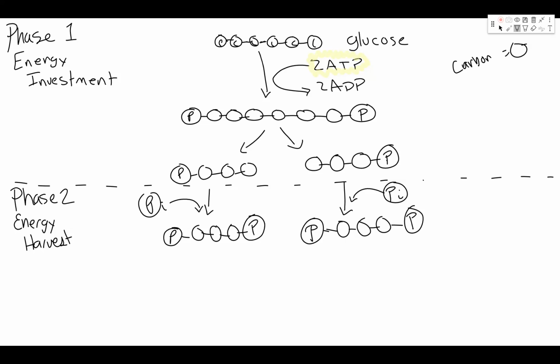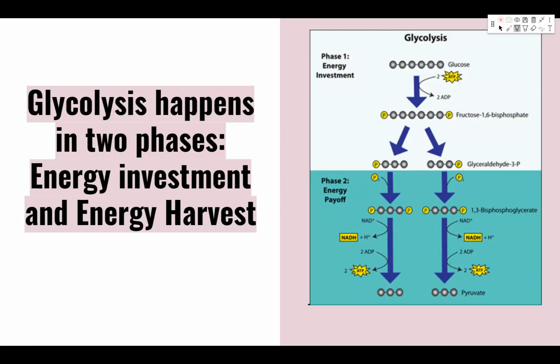But phase 2 is for energy harvest, and we have not harvested any energy yet. So what happens is we are going to get some electrons off of this molecule, and we're going to transfer them to NAD+, and we're going to get NADH.